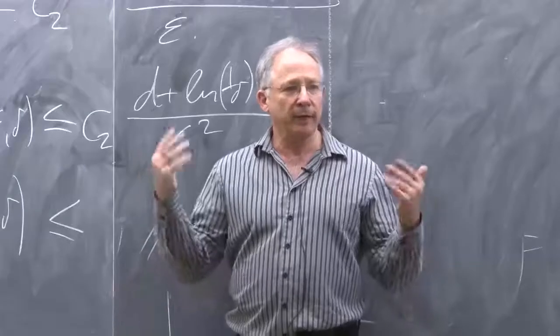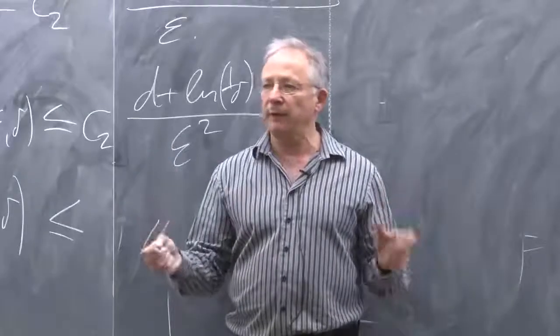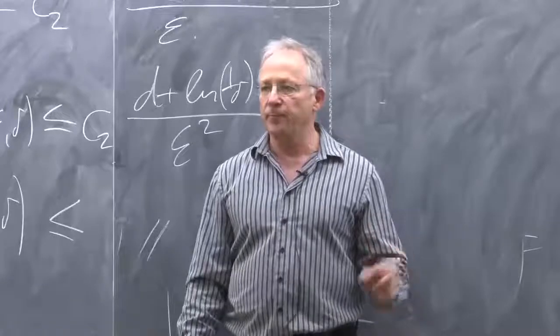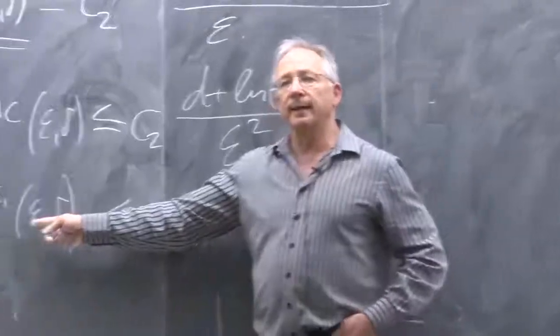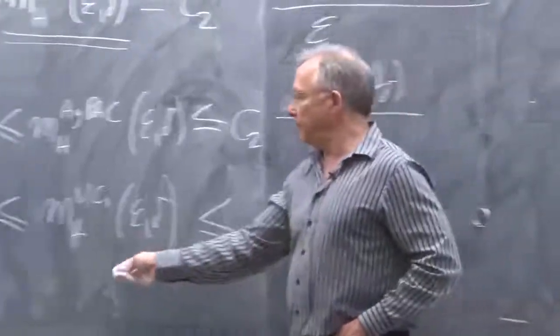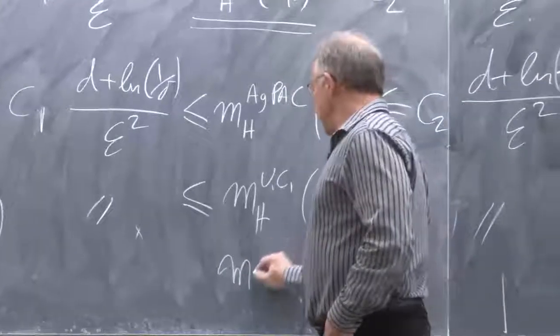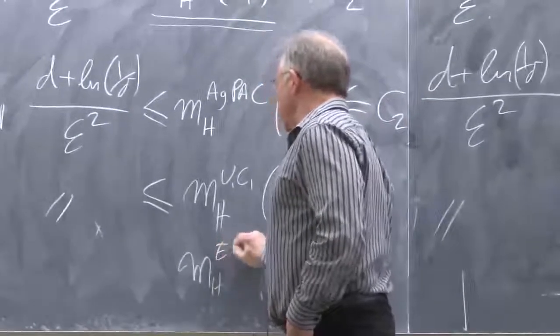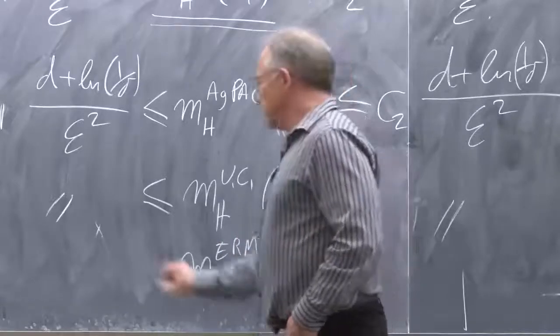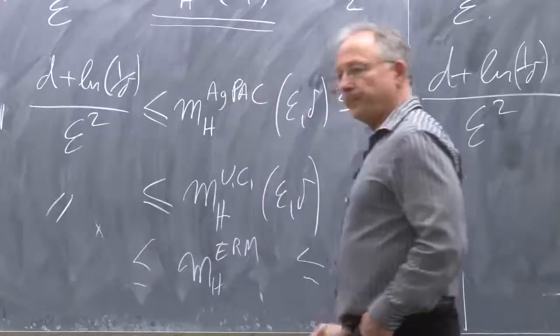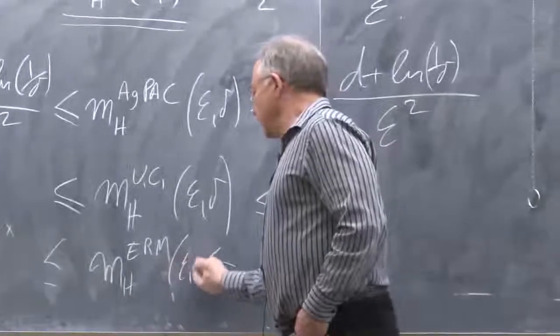You remember, two or three lectures ago, we talked about epsilon representative samples. And this is the number of examples that I need for ERM to succeed. So this is MH if you want to work with ERM. You'll get the same thing.